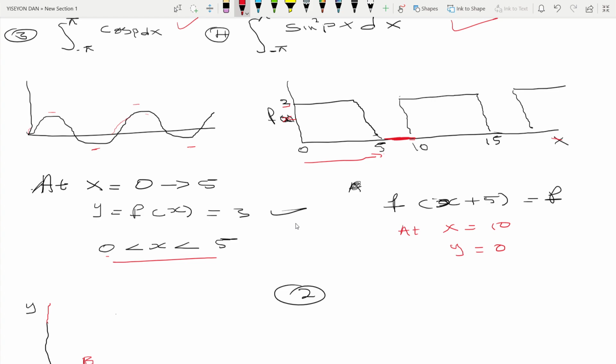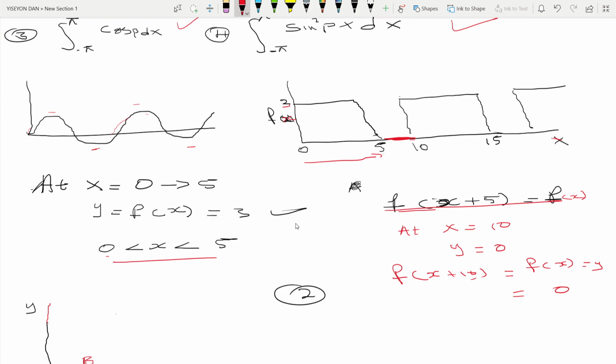Now to write the period, the period is not f of x plus 5 equals f of x. Our period will be f of x plus 10 equals f of x. f of x is still the same thing as y, and that is equal to 0. So this is our period. So the period is 10. So the point at which it begins another triangle.